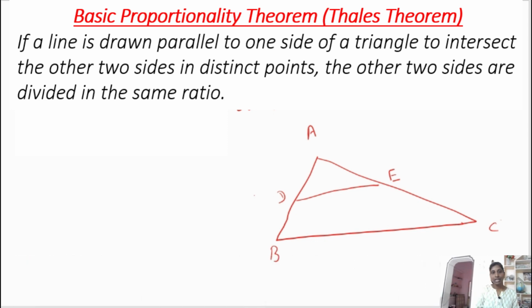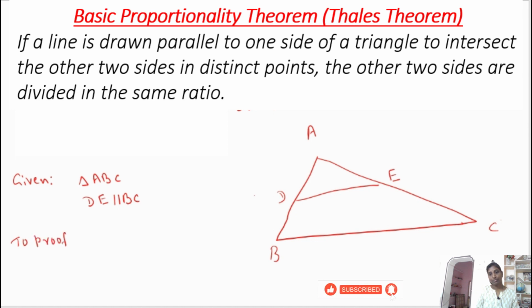So here first we should write given. What is given to us? Given triangle ABC, DE parallel to BC. This is given. So we have to prove.